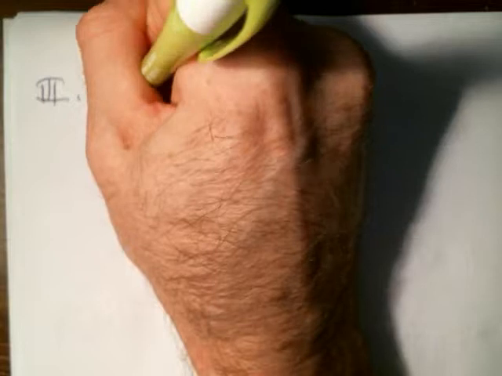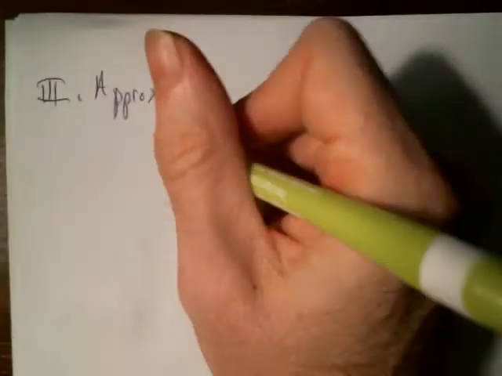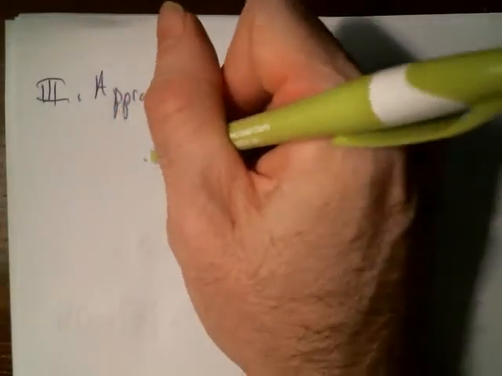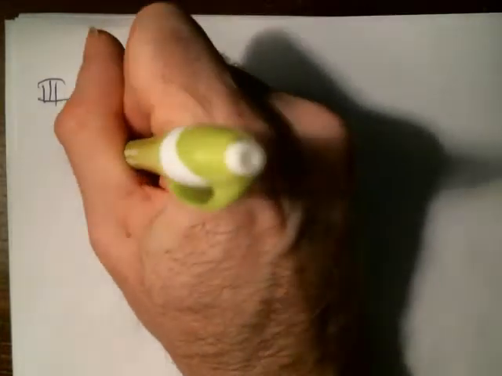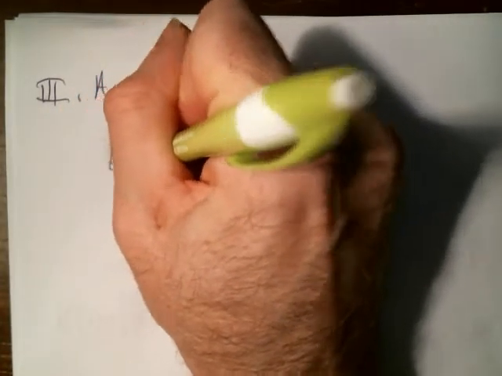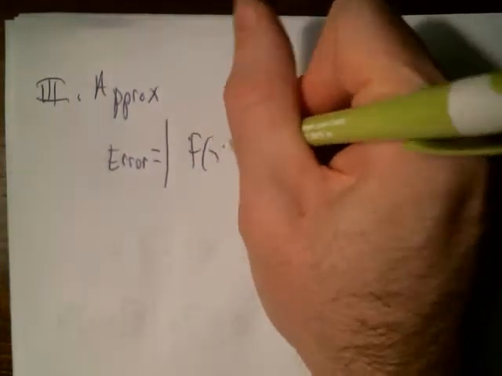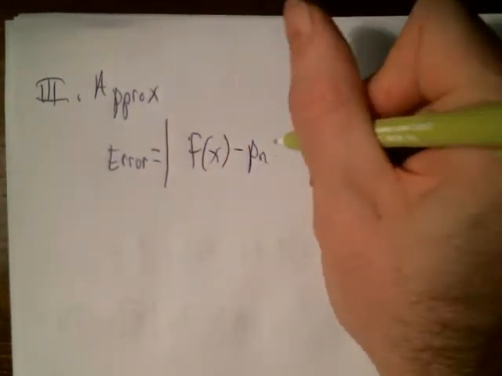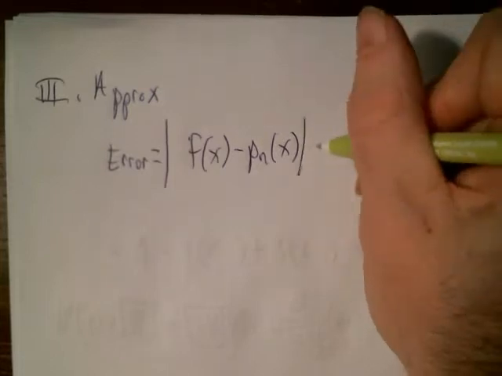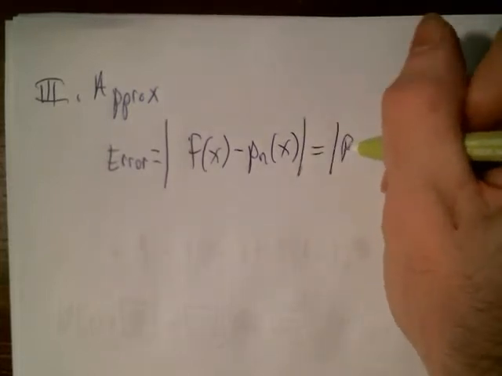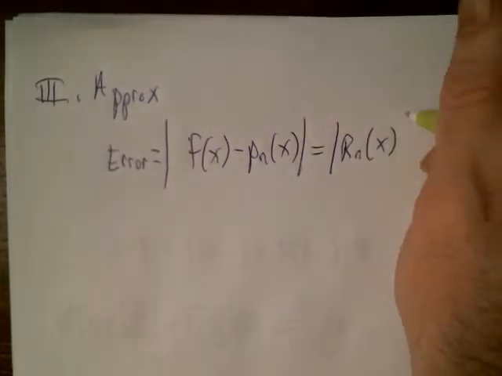So section 3 then, approximating using Taylor polynomials. And from the book, we get Taylor's theorem, which will say the error between the actual function and its nth degree Taylor polynomial will be equal to this R sub n of x function.